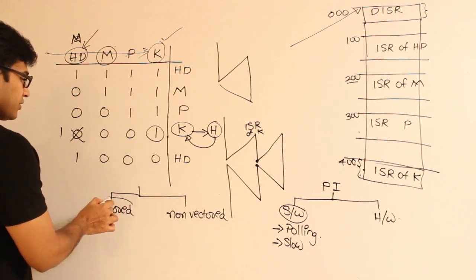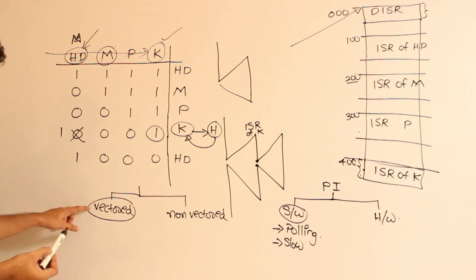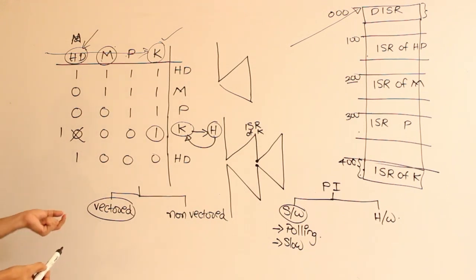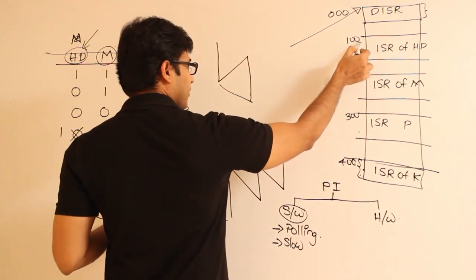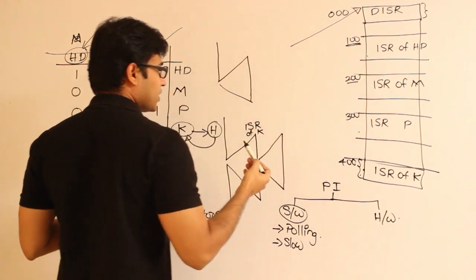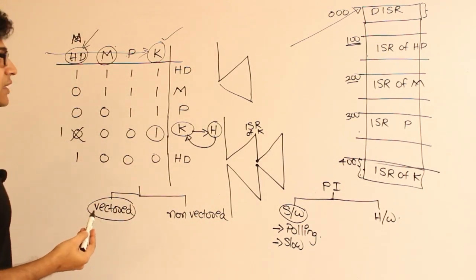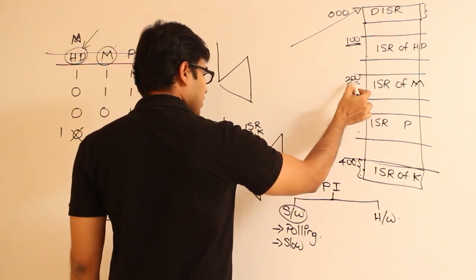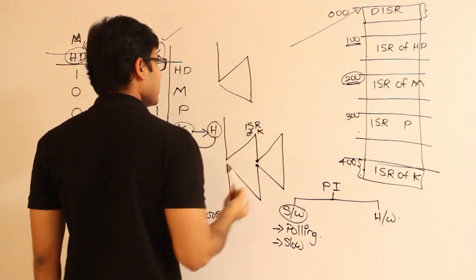In case of vectored interrupt, the device which has caused the interrupt is also supposed to provide us with the starting address of the interrupt service routine, which means if the hard disk has created the interrupt, then the hard disk has to provide us with the address 100. This makes it easy for us to directly go to that ISR. If the mouse created the interrupt, then it is the responsibility of the mouse to say that in order to process my interrupt, you have to go to the address 200.